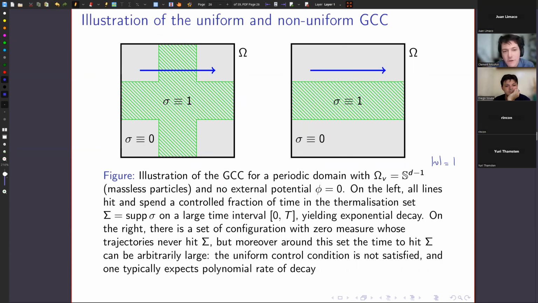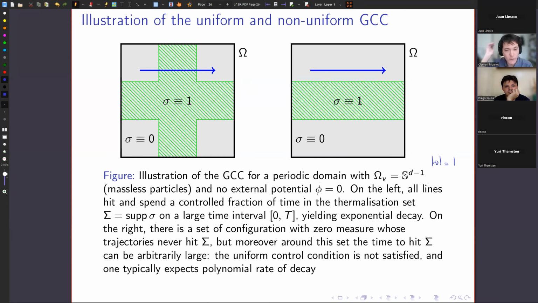If you're a photon here, whatever you do with your velocity of modulus 1, you will enter the green hashed area. And you can even quantify how long it will take you to enter it. It's bounded above how long it will take you to enter the green zone. And then the amount of time you will spend in the green zone is bounded below. So this is how you prove the uniform geometric control condition.